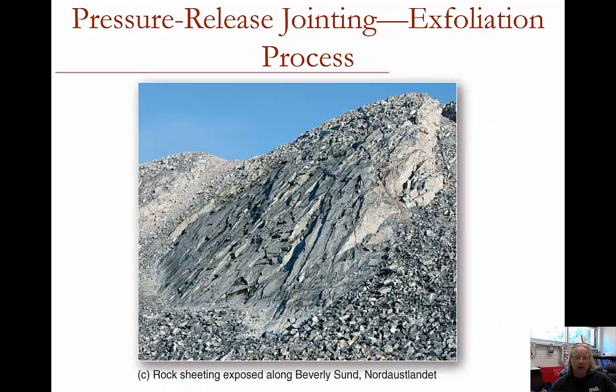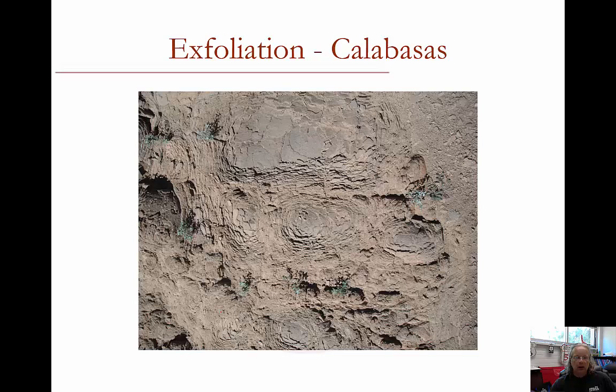Here's some exfoliating in a sheet style fashion in Scandinavia, and you can see the bits and pieces that have broken off lying there below it. I've even found it in the local hills here. You can see the exfoliating on a hike up to Calabasas Peak as the upper layers chip and peel off.